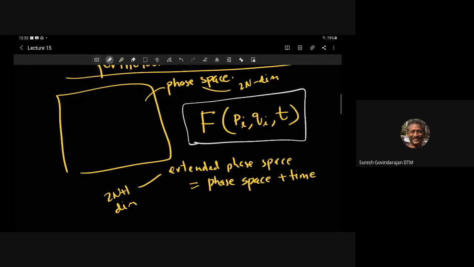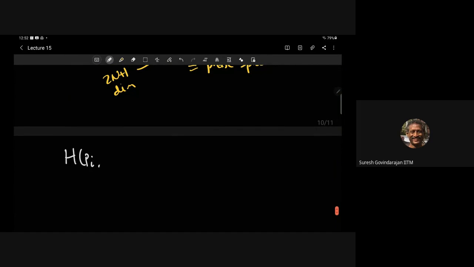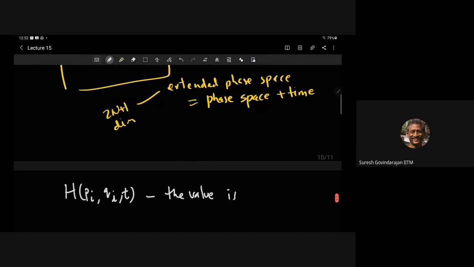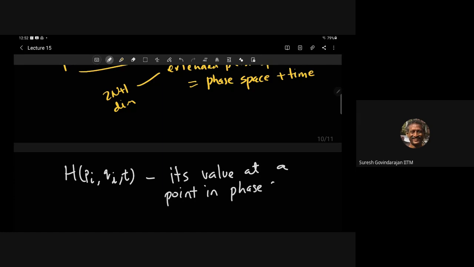So the Hamiltonian H of p_i, q_i, its value at a point in phase space is called energy.